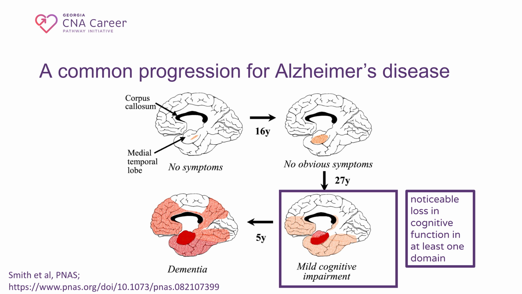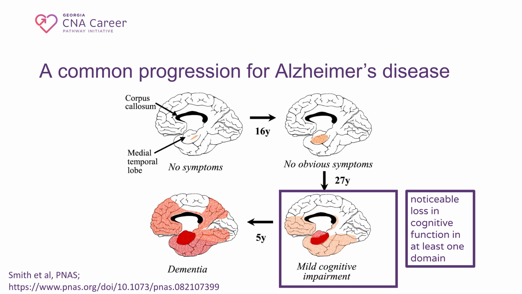Patients who started the disease with degeneration in other regions may have other noticeable symptoms. While these symptoms are noticeable, the patient is usually still able to live independently and complete instrumental activities of daily living, like taking medications and keeping appointments. This period of cognitive decline is called mild cognitive impairment, or MCI for short.